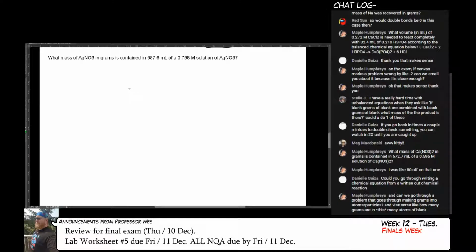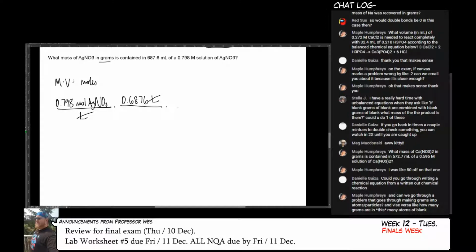Okay, so to figure out the number of grams of something in there, you need to know the molarity and the volume, and remember that molarity times volume equals moles. So if I take my 0.798 moles of AgNO3 per liter, and I multiply it by the volume in liters, that will give me the number of moles of silver nitrate.